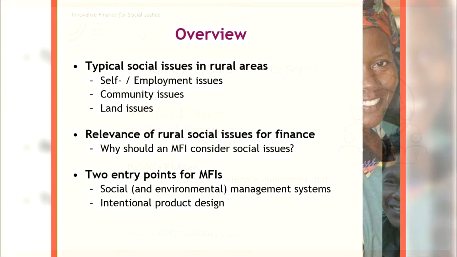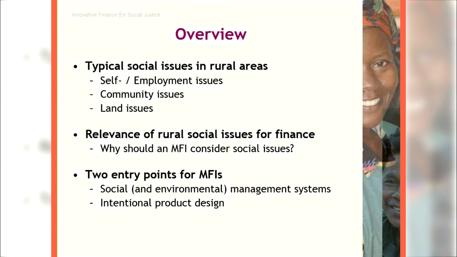So at first, in these 15 minutes that we have, I would want to go into a bit of detail into three types of typical social issues that I mentioned here: self-employment related issues, community issues, and land issues. After that, we will have a look at why this is actually relevant for rural finance, and why an MFI should consider these issues.